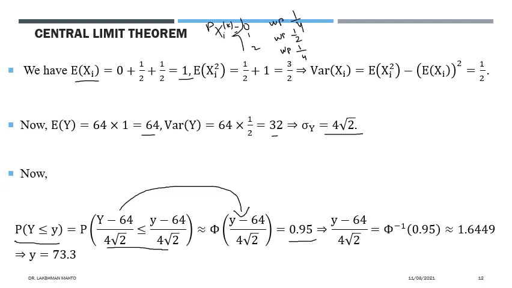So we have to apply the inverse Phi approach. From there we can conclude that the value of y would be 73.7. So this many sandwiches you have to make ready for your guests, so that you are 95% confident there would be no shortage.